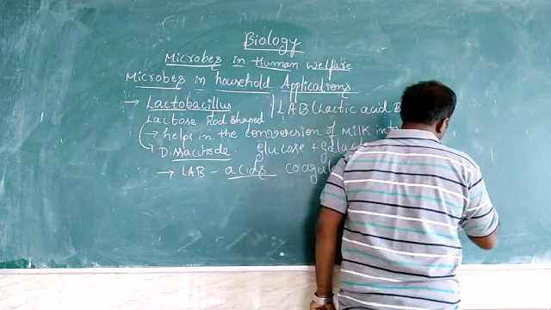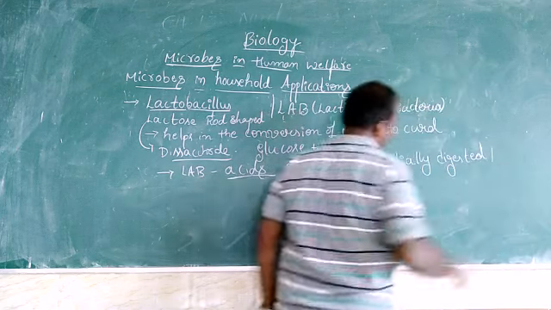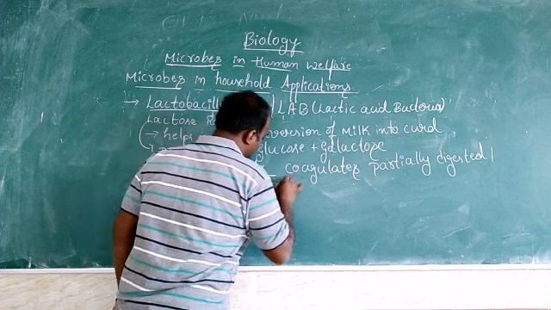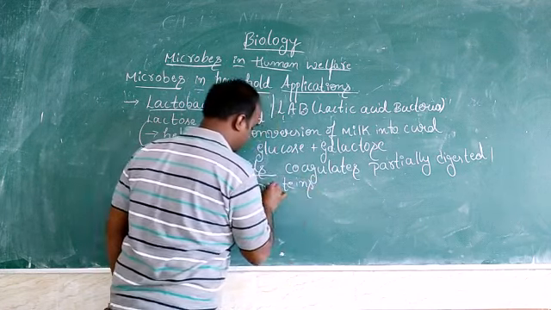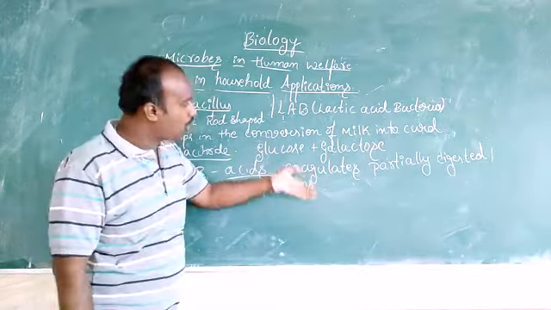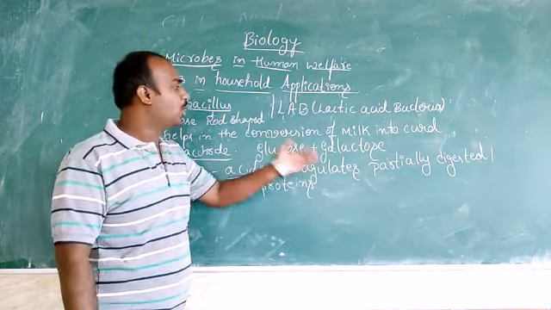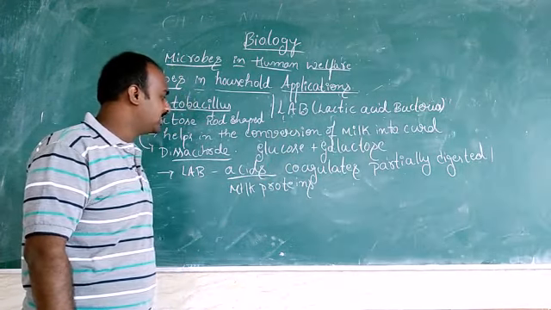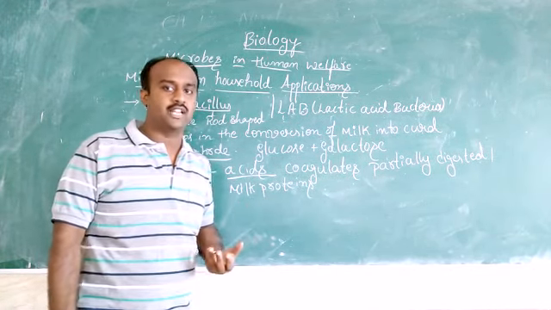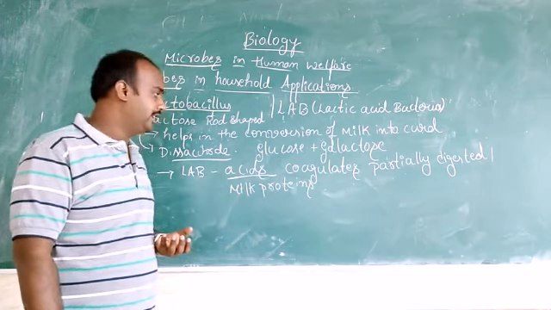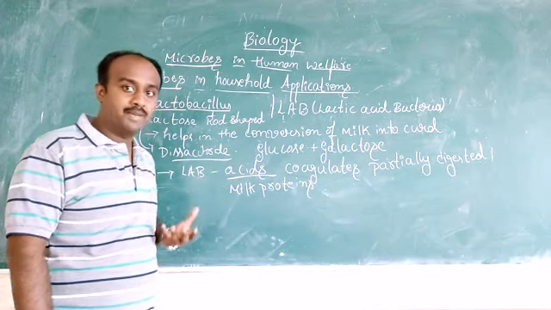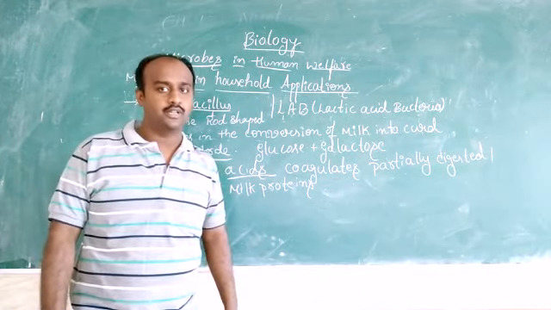So these acids secreted by LAB coagulate, clump, the partially digested milk proteins. After coagulation ಆದ್ಮೇಲೆ ಏನಾಗುತ್ತೆ? After coagulation, the partially digested milk is converted into curd.